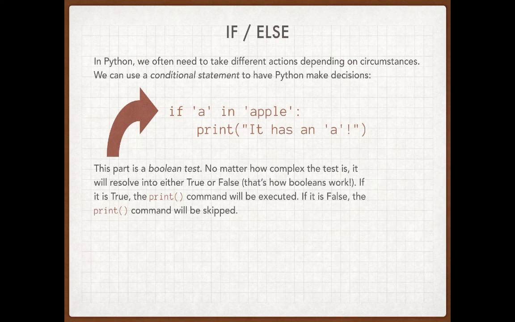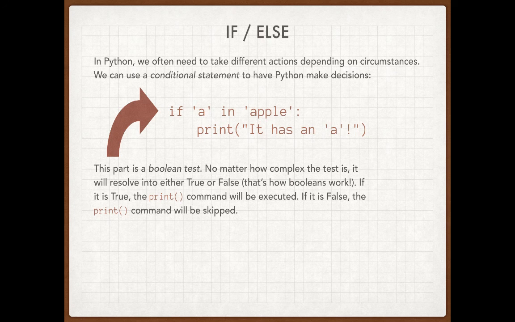So the if is the keyword that signals to Python that we're about to make a decision, and that it should evaluate the keywords from if to the colon at the end of that line. And that is a Boolean expression. No matter how complicated that thing is, Python will decide whether it is either true or false.